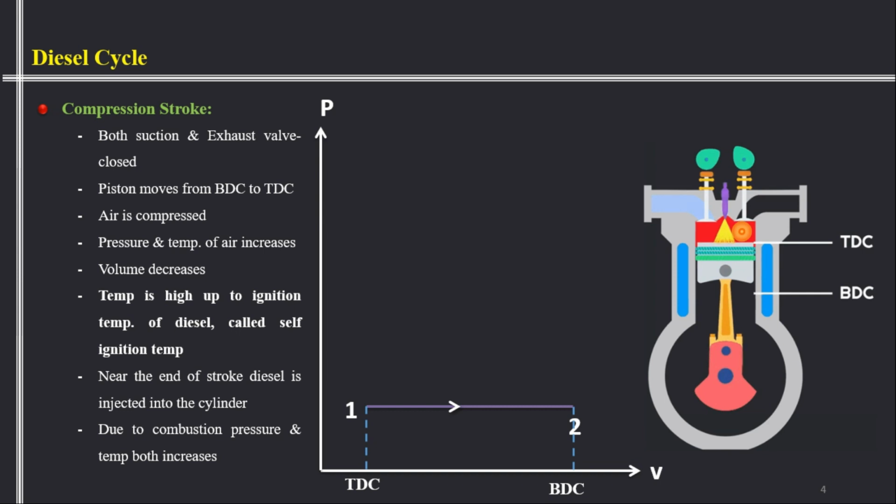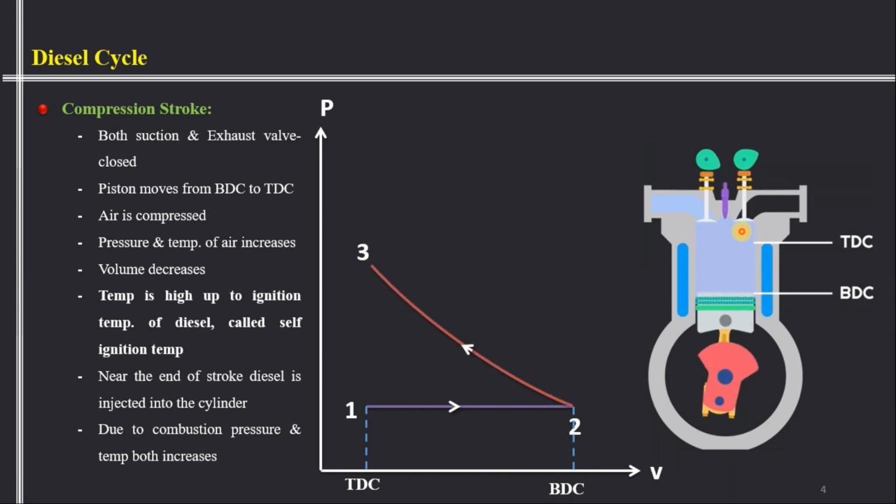If we look at this on the PV diagram, this process will look like this. The piston is moving from bottom dead center to top dead center, so volume is decreasing, and because of compression, pressure is increasing. So the process looks like this.